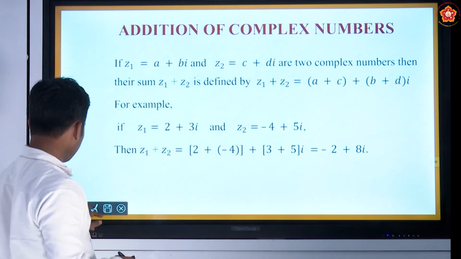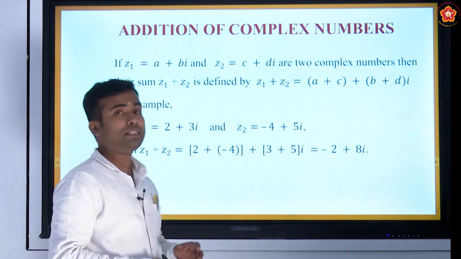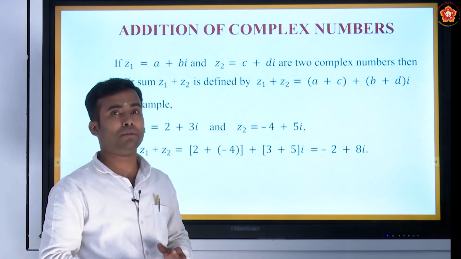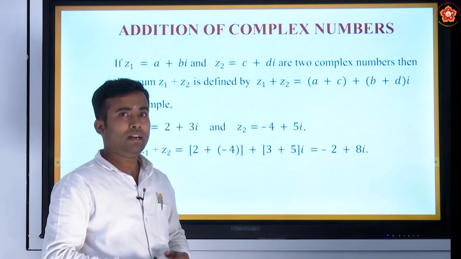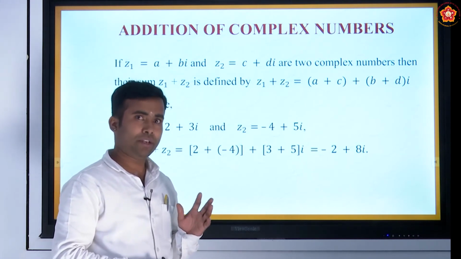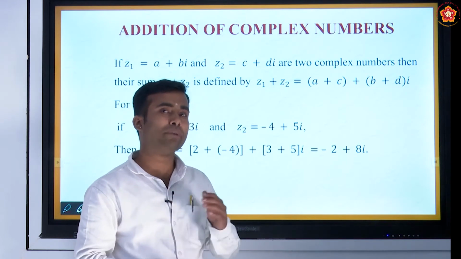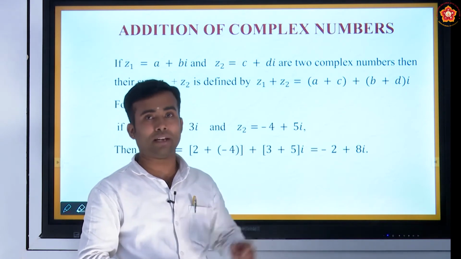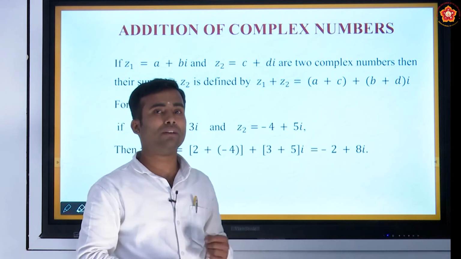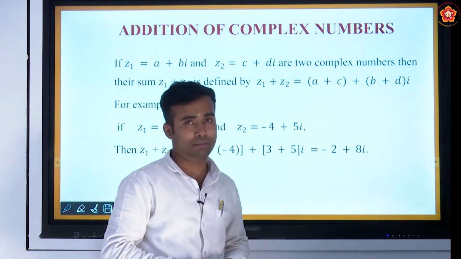And also we can represent this addition of two complex numbers graphically. The sum of two complex numbers can be represented by the diagonal of the parallelogram. The diagonal of the parallelogram actually gives the sum of two complex numbers. Let us see that.